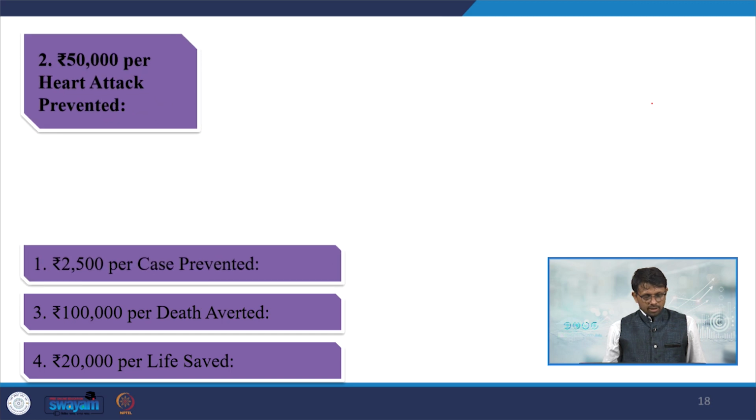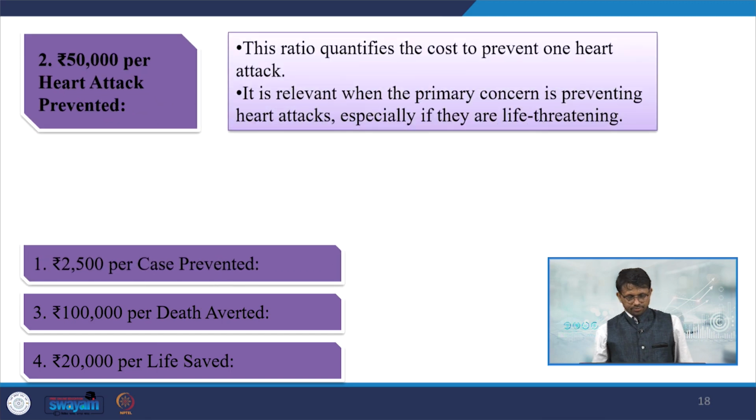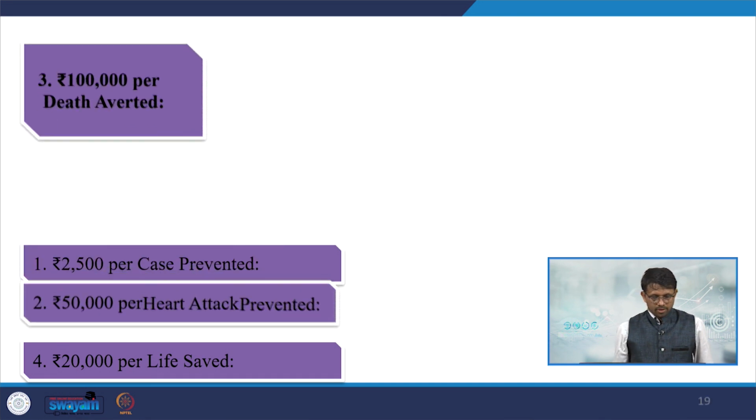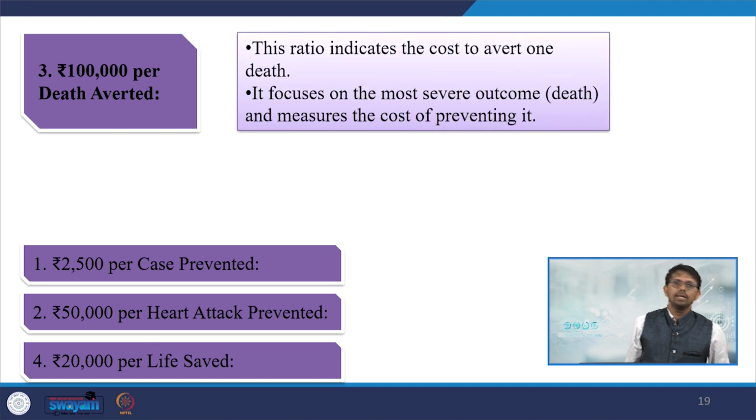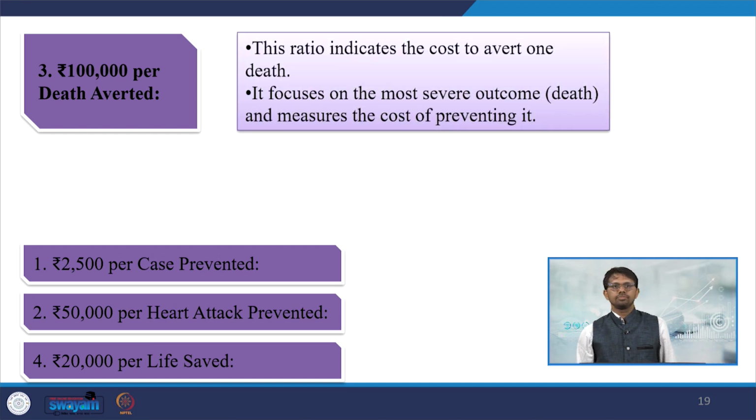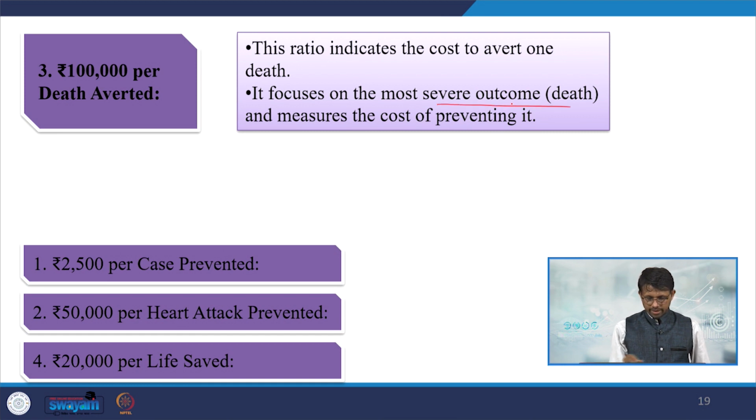The second one is this ratio that quantifies the cost to prevent one heart attack, and it is relevant when the primary concern is preventing heart attacks, especially if they are life threatening. Related to the 1 lakh per death averted, the focus is on the severe outcome, that is death, and it measures the cost of preventing it.